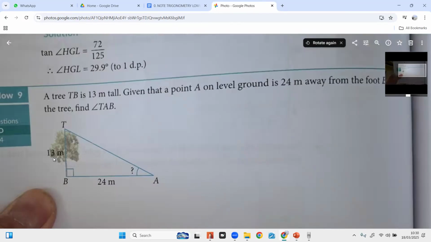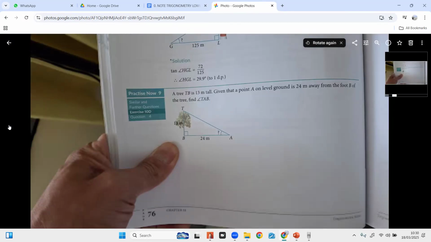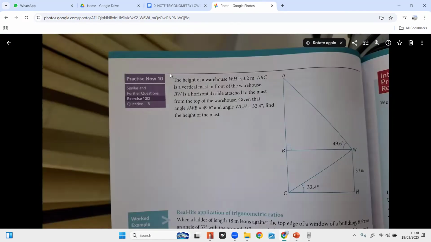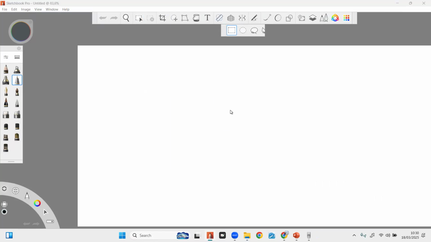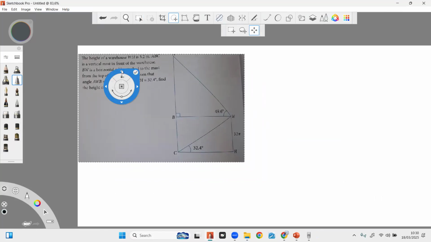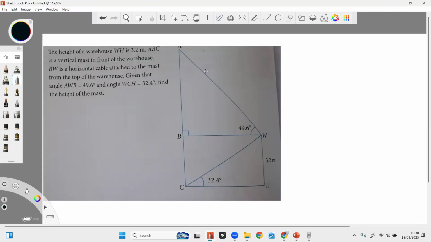Find the angle DAB, opposite adjacent, shift tan. Skip. Oh, okay. Here. So for the word problems, you need to focus.